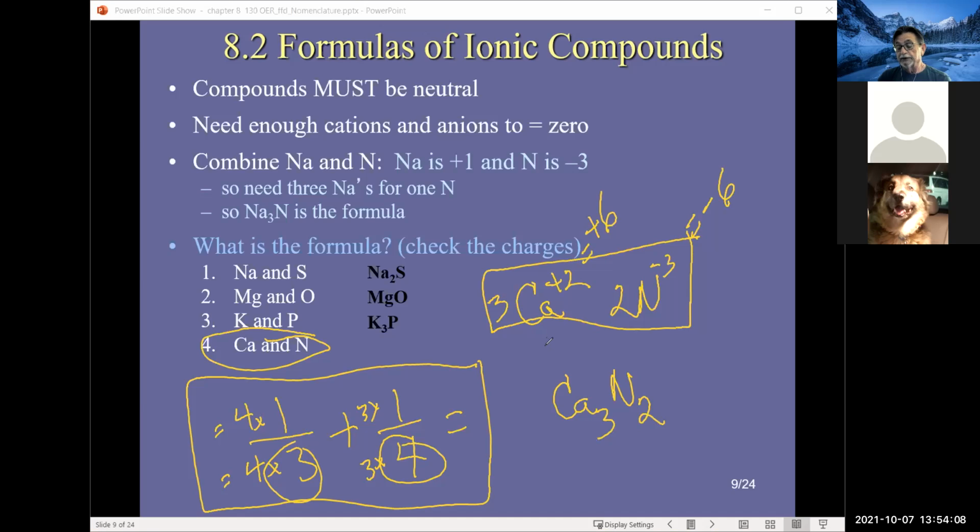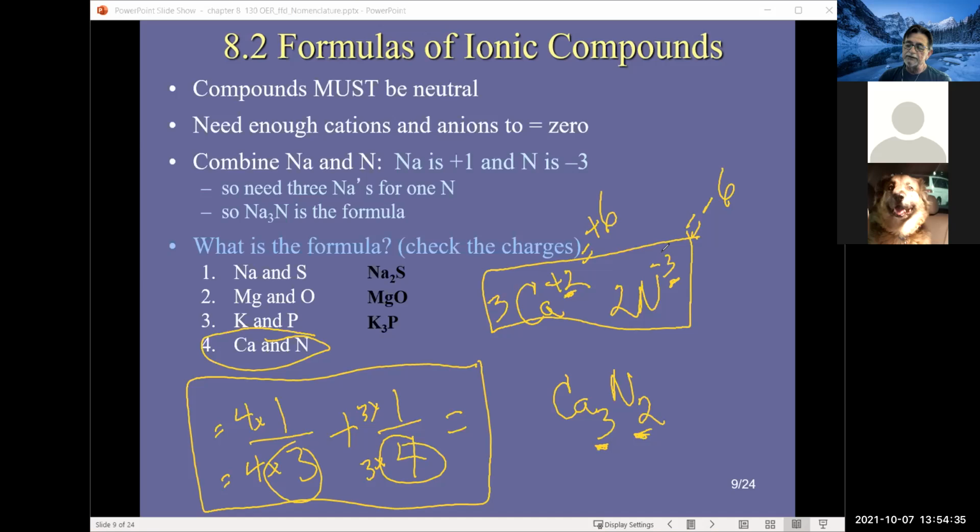Now, another little trick, but you didn't hear it here on Chem 130, is notice the subscript of 2 for nitrogen. Isn't that the oxidation number for the cation? Yeah. Notice the subscript for calcium. Isn't that the oxidation number for the anion?